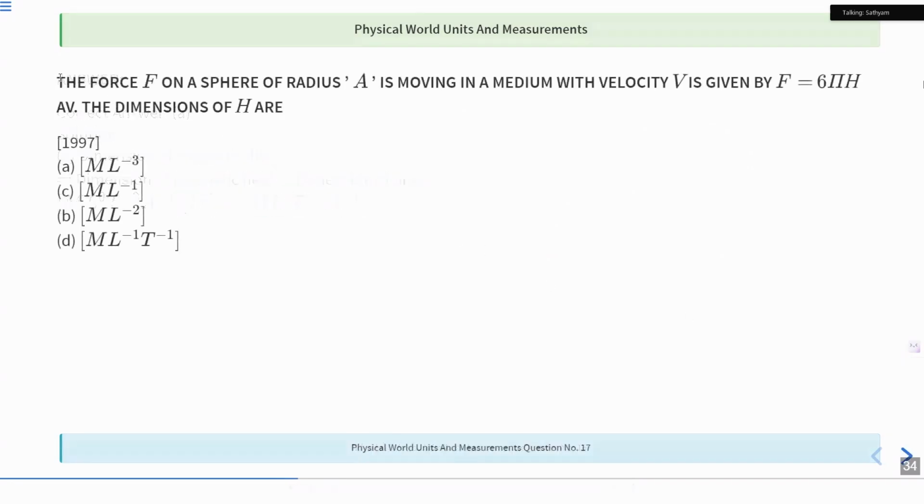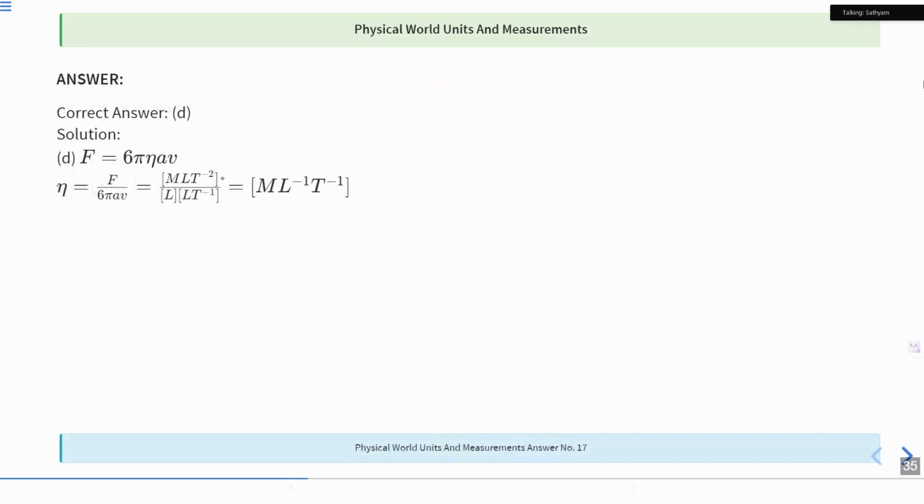Now the force F on a sphere of radius a moving in a medium with velocity v is given by F equals 6 pi eta a v. Then what is the dimension of eta? So for the sphere, this is the formula: F is equal to 6 pi eta a v.